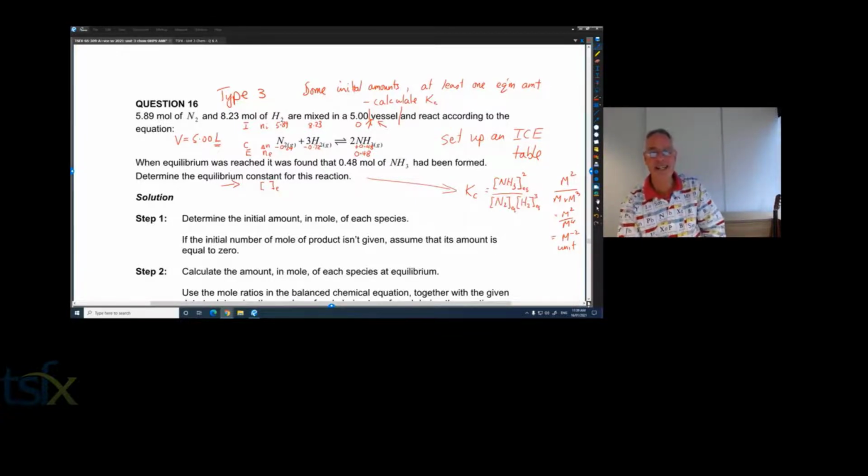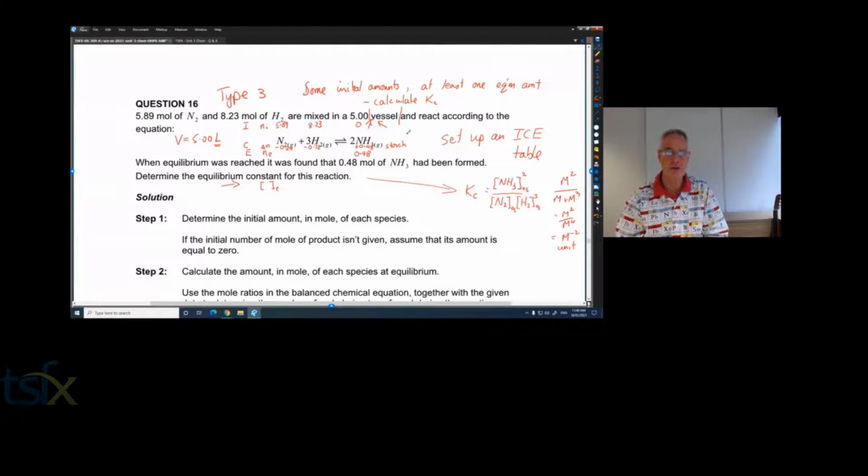Now that's the key line, that delta n line, the change in mole, and this is stoichiometry. You work out the change. You'll always have data for one change, you do the other changes by stoichiometry, and now you're ready to work out how many mole there would be at equilibrium.